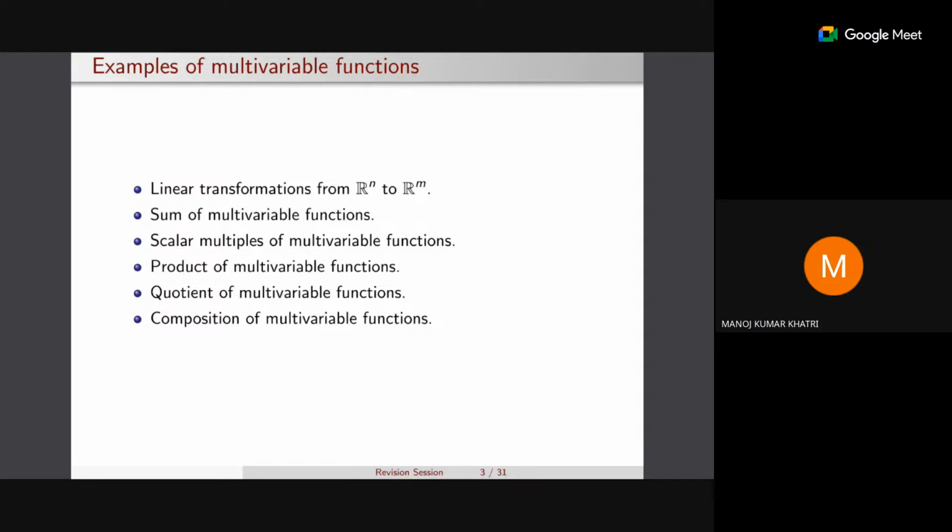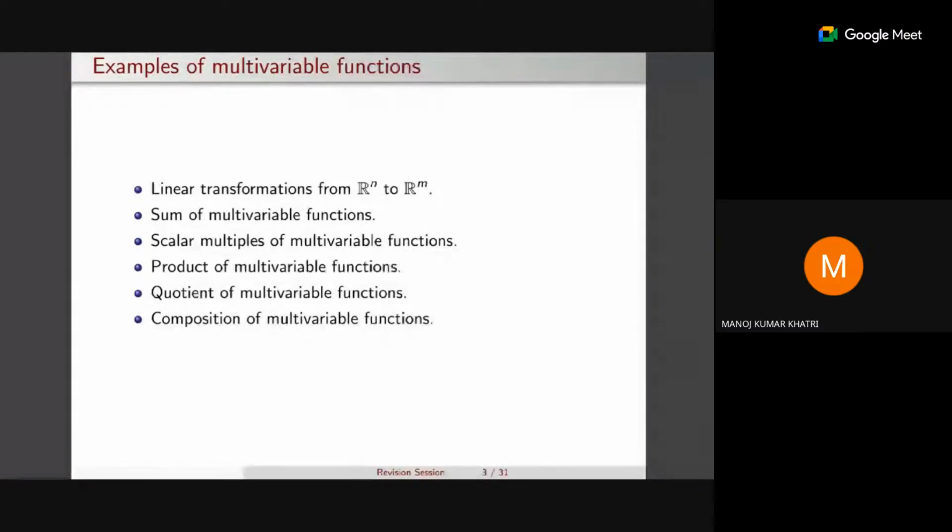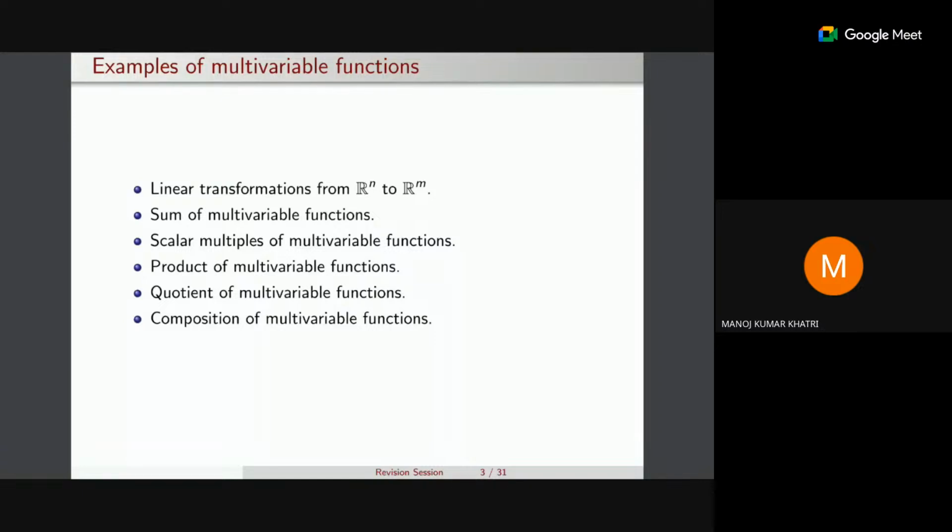And if you have certain multivariable functions, then the sums of them, scalar multiples, products, and quotients are all multivariable functions. Polynomial functions in R^n and projection functions are all basic examples. But by now, I'm sure you are familiar with what a multivariable function is.